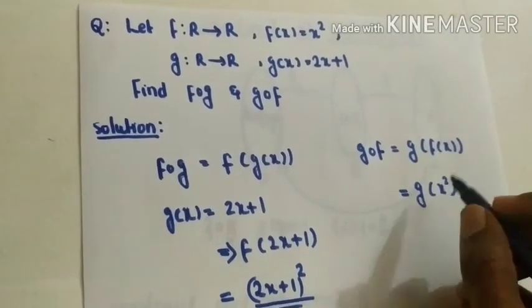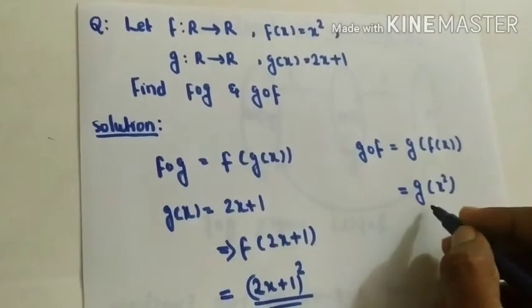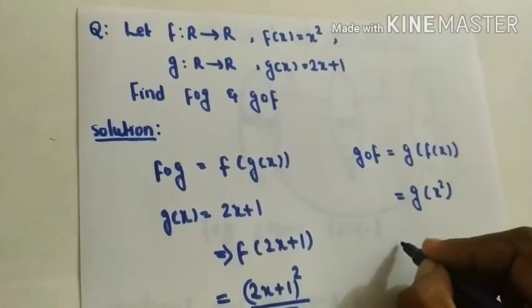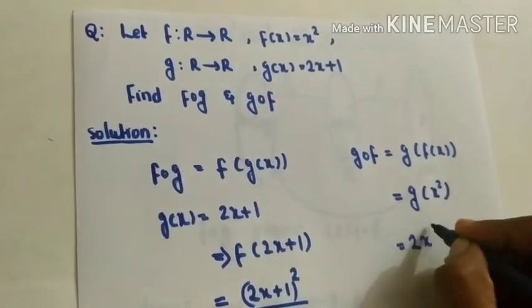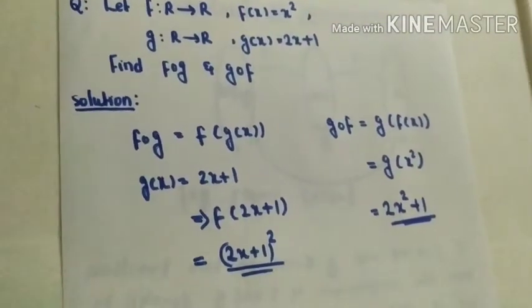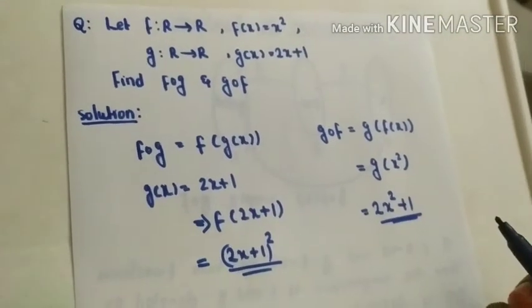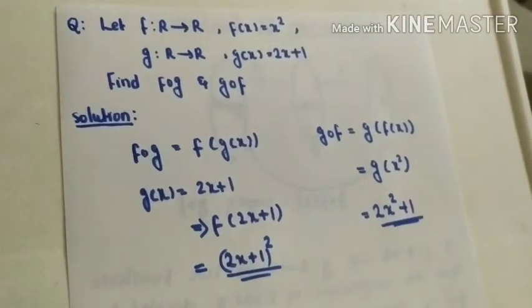If g of x equals 2x plus 1, then g of x square becomes 2x square plus 1. So here is our answer, g of f equals 2x square plus 1. I hope you understood.